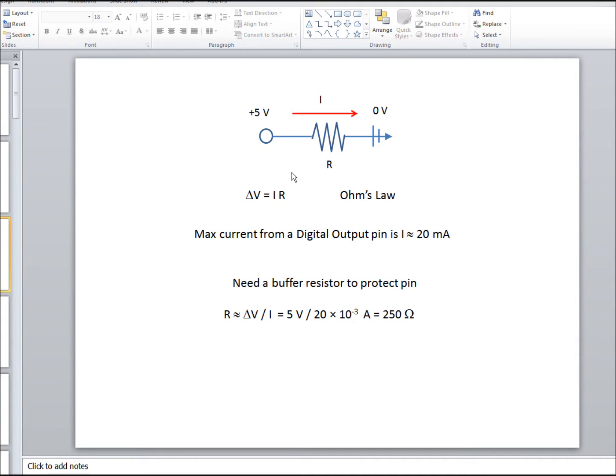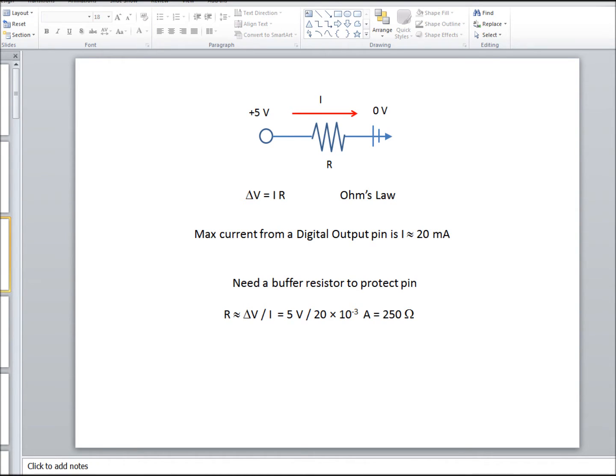So that means if this was 5 volts, then the maximum resistance you could have here would be about 250 ohms. That means if we do circuits and we want to protect our pin by not drawing too much current, we need about 200 ohms or 250 ohms resistance there. Generally, when we attach any elements, we're going to always need to have a resistor in there to make sure we're around 250 ohms.